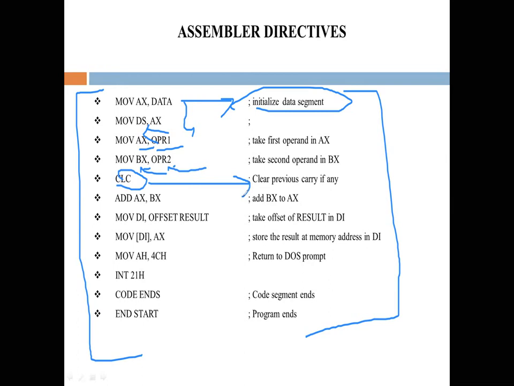If we are not going to use this, and suppose we are generating a result with no carry but the previous carry is set, then we get a wrong result. Therefore, this statement is written to clear the previous carry if it has any.